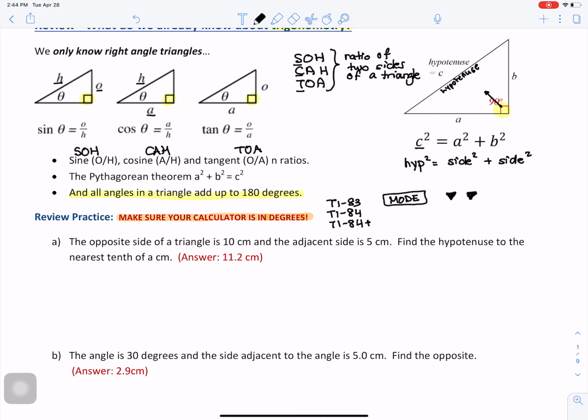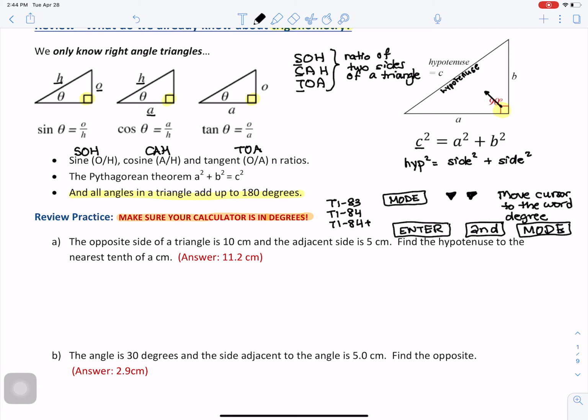Then it will take us to the word radian or degree. You want to move your cursor to the word degree and then hit enter. That will turn our calculator into degree mode. Once you do those steps, you can hit second mode to get out of this settings window. So again, we need to make sure our calculator is in degree mode.